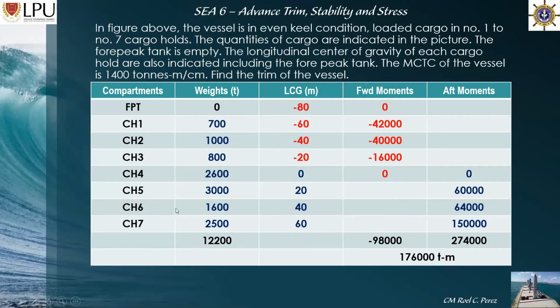Okay, so as what you did before, we need to get the sum or the total of the weights. If you notice here, there is no negative weights because we loaded, no?